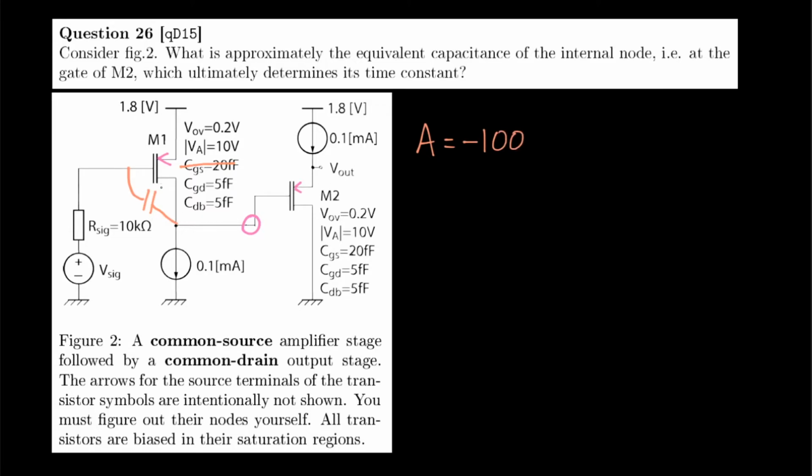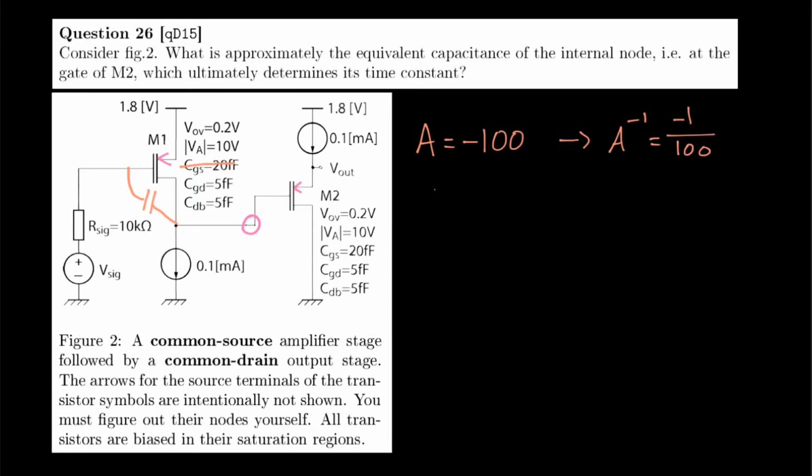However, we are looking at the capacitance from the other way around. We are looking at it from the drain to the input. And though there isn't any actual amplification, we can say that there is a ratio in amplitudes of the inverse of the voltage gain. So A inverse being 1/100, minus 1/100, is the ratio between the magnitude of the voltages at this internal node and the input node.